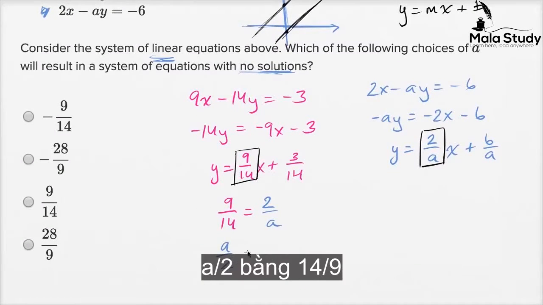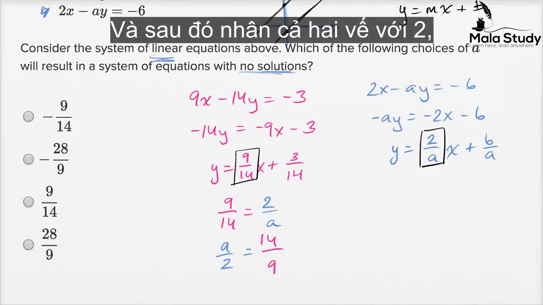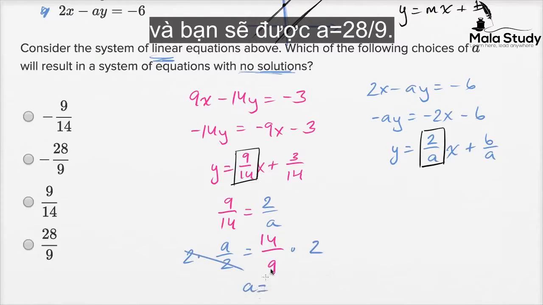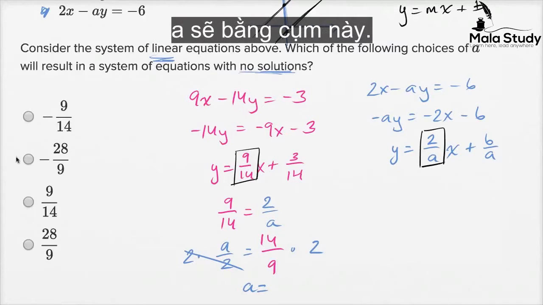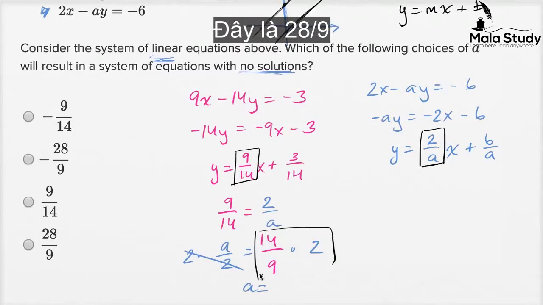So we could say a over 2 is equal to 14 over 9. And then multiply both sides by 2, and you're going to get a is equal to 28 over 9. A is going to be this right over here, 28 over 9.